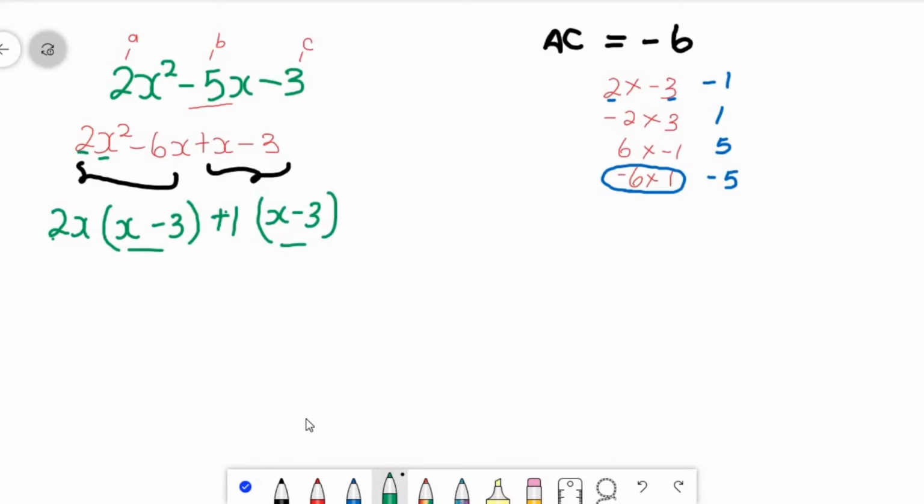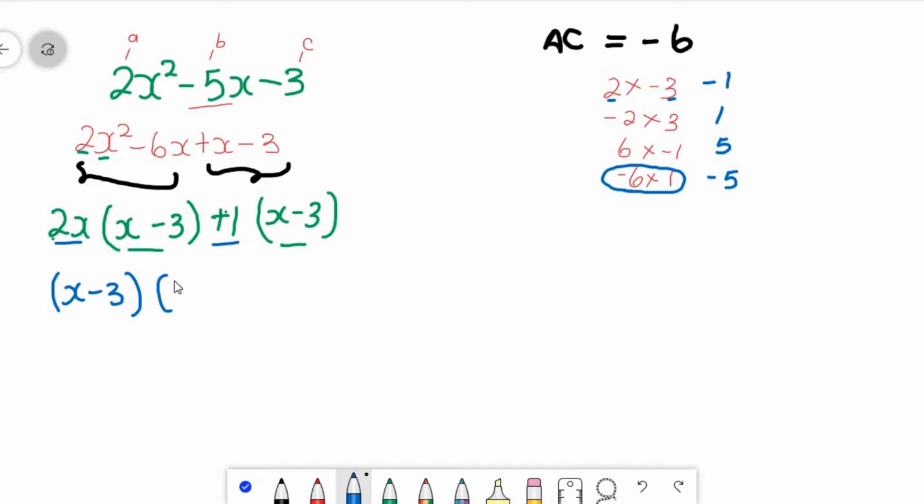In the next line, we're going to write what's in the two brackets, x minus 3, and then the terms that are outside of both brackets, we're going to put them in one bracket together. So we've written what's in both brackets, and the other two terms that are in front of the brackets, we're going to put them in one bracket by themselves.